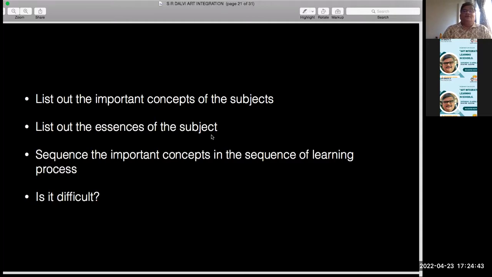Okay, great. Will you be able to arrive at one of the essences of the subject? I think for me, the essence of the subject is to be able to understand what is happening in theory versus what is happening in the practical sense, and to bridge that gap.